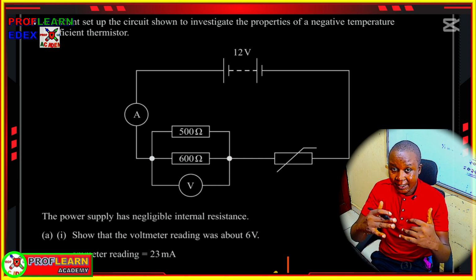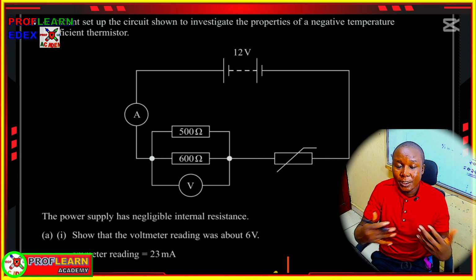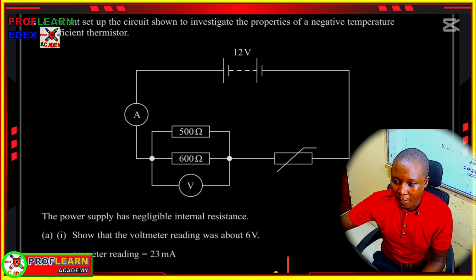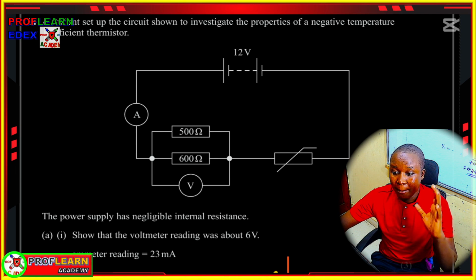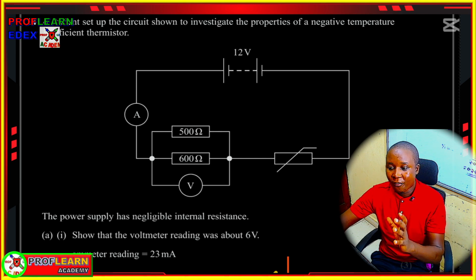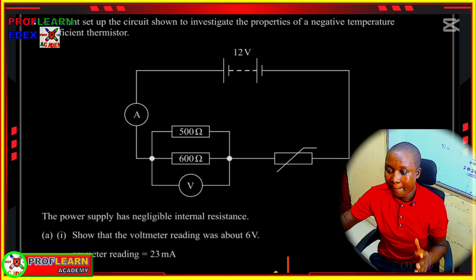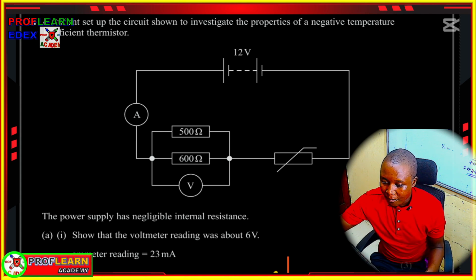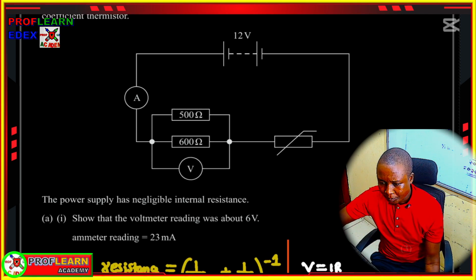That is exactly what we are doing in this video, so that you know exactly what to do and we prevent crying after the exam. We are very sure that in the coming May-June exam, there will be electricity questions with resistors, thermistors, LDRs, and fixed resistors connected in series and in parallel. In each question, the way it is usually tested, you need to do more past papers so that you'll see the trend.